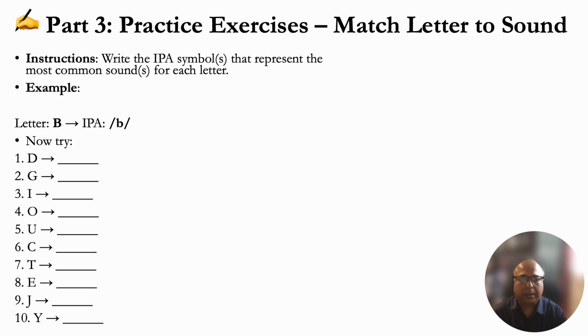Pause the video here, complete the exercise. It would be good for you to pronounce it aloud, and be sure to write the forward slashes. You can see the phoneme is between two forward slashes. Okay, so complete the exercise and I will show you the answers.